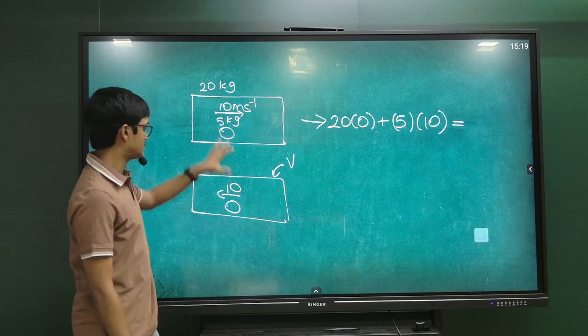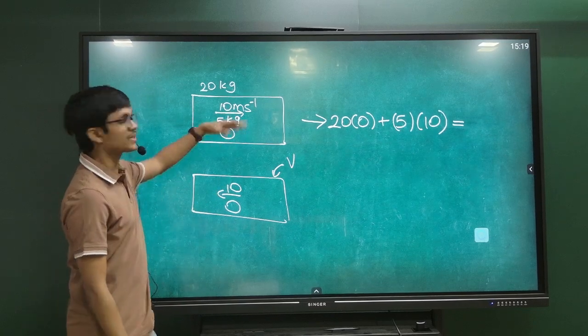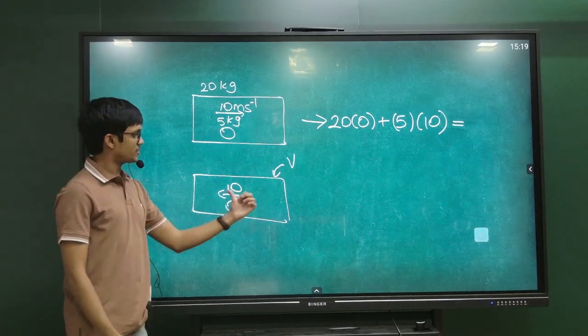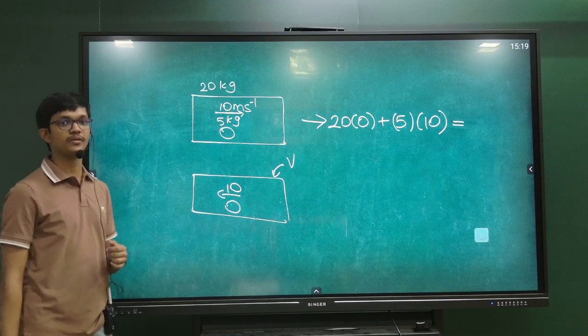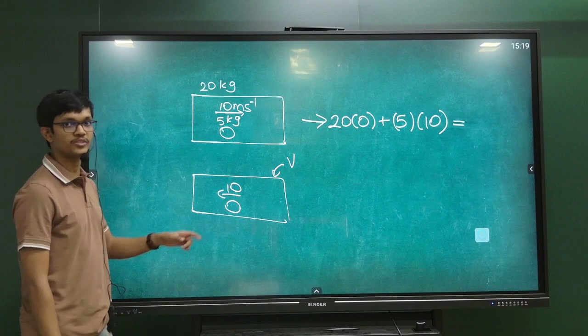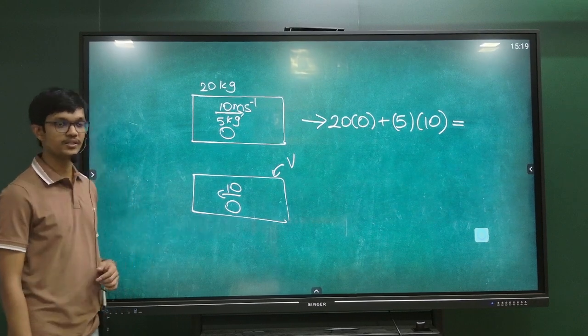When I look at the system after some number of collisions, this 5 kilogram is moving in this direction with a velocity of 10 meters per second. Clear?